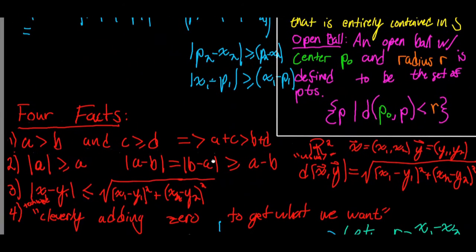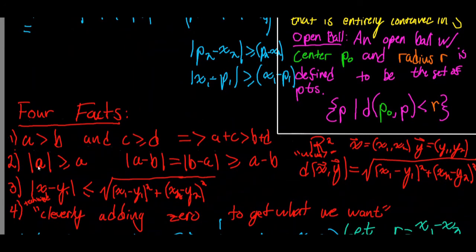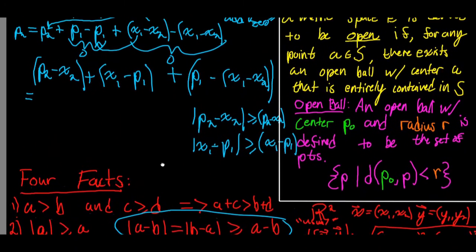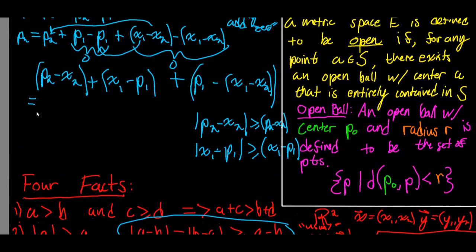This is directly because of the fact that the absolute value of a is greater than or equal to a for any real number a. More specifically for our purposes, the absolute value of the difference of two numbers is greater than or equal to the difference of those two numbers without absolute values. So we can say the following fact.